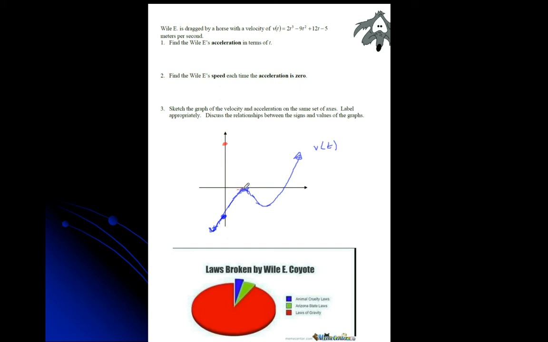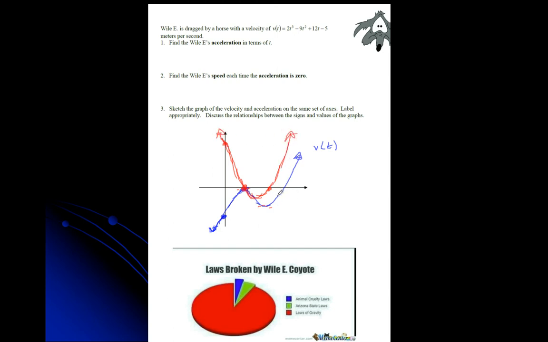There's a horizontal tangent here and a horizontal tangent here, so my acceleration graph should have x-intercepts at those places. Something like that. It doesn't have to be great.